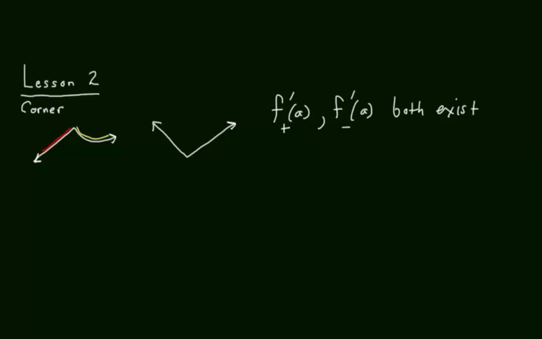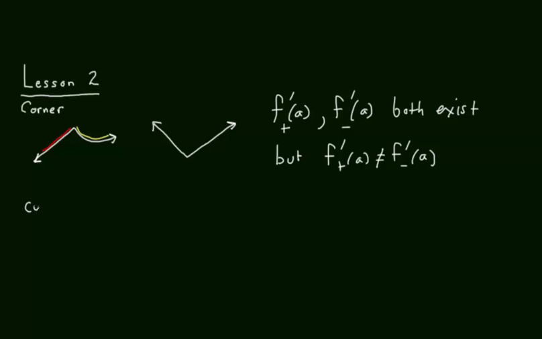And at the same time, but, f prime from the right is not equal to f prime from the left. Not equal. If that is the case, you have a corner, which is what is shown here in the drawings.